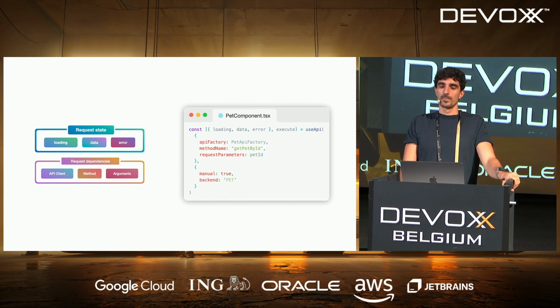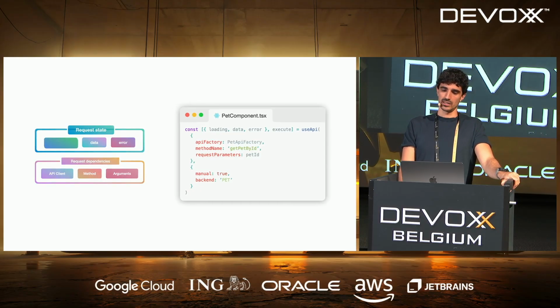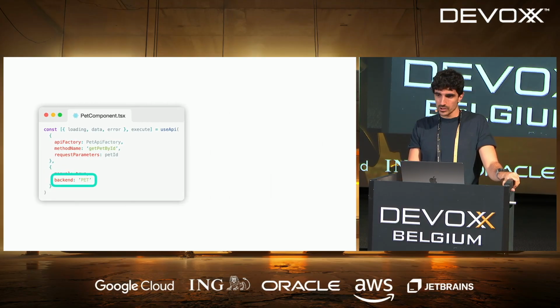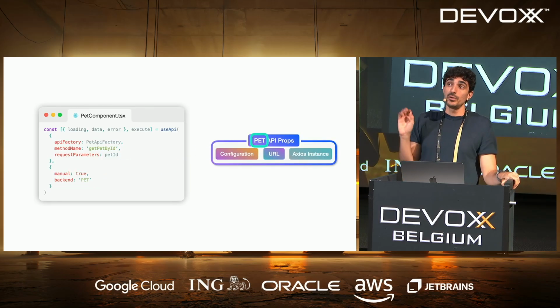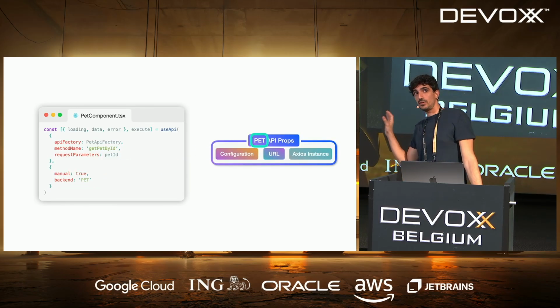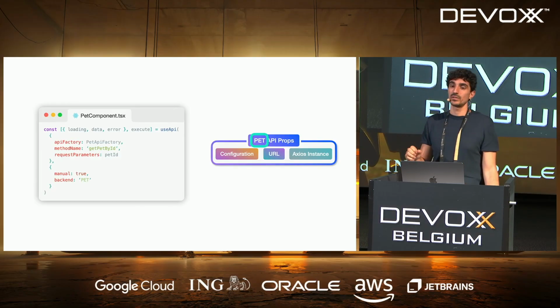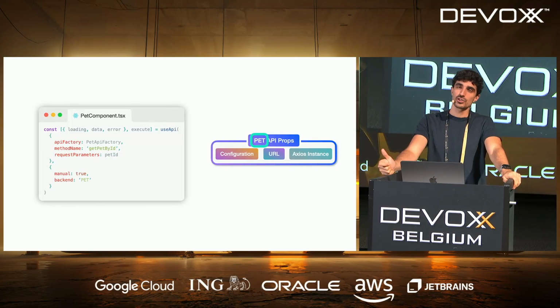And let's move on. We provided another attribute here. What is this backend? Why do we need that? Well, let's focus a little bit on that. If you remember what we discussed before regarding the API props, we need to provide a configuration, a URL, and an Axios instance, right?